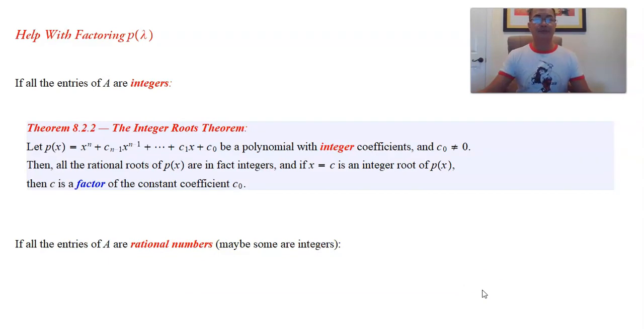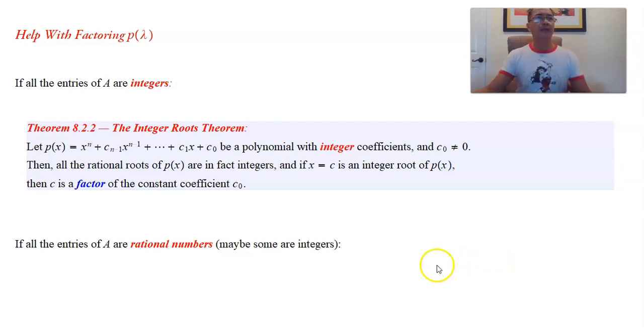All right, so the second half of this video is about computational techniques. Basically what I want to show you are a couple of theorems that will help you figure out the characteristic polynomial and find its roots. In all honesty, if you have a graphing calculator, it's very easy to find the roots of a polynomial or to factor it completely for you.